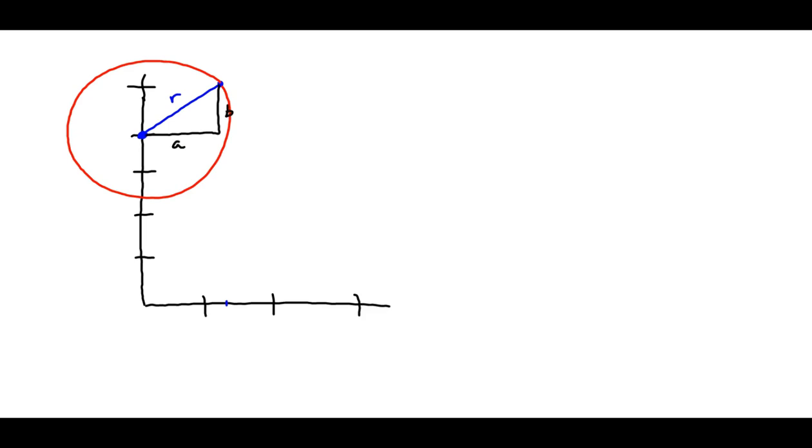So if you call this A, B, and pretend that the radius is C, I like to use A squared plus B squared equals C squared. Or in our case, this is going to come out to be R squared. So first let's see how long these are. This little A right here, the length of that black line, we're going from 0 over to 4/3. So this is a distance of 4/3.